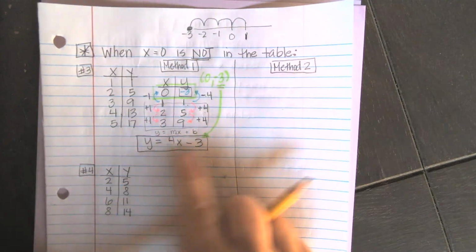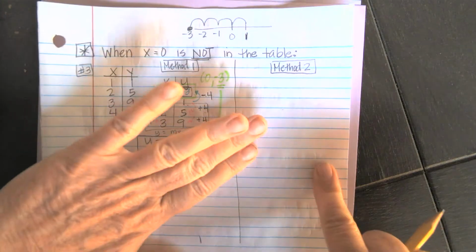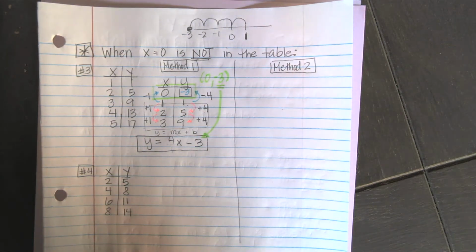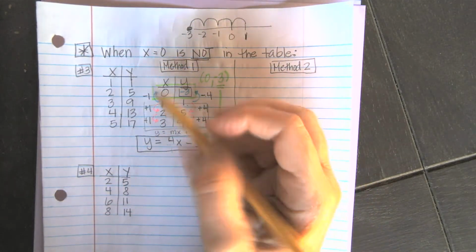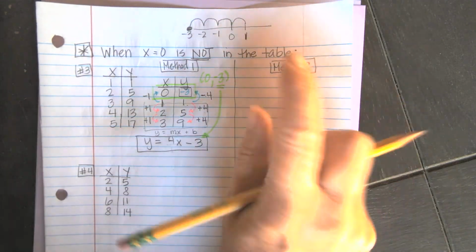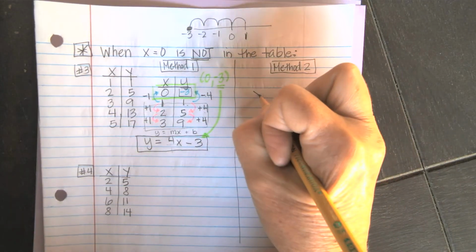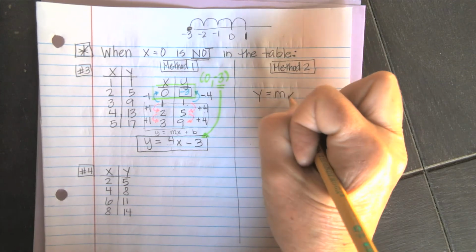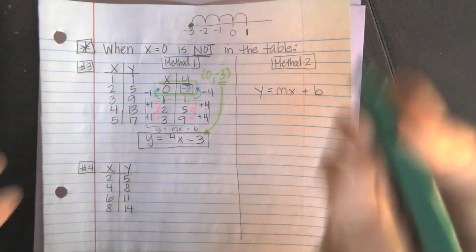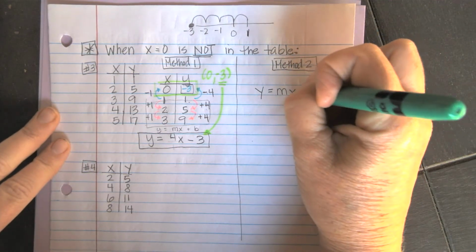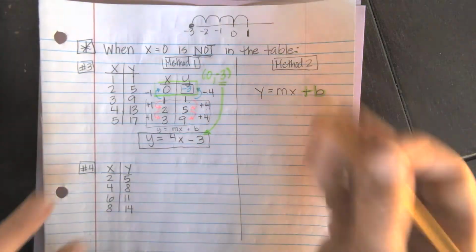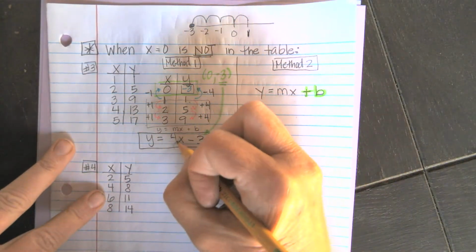Now, there is a second method, and I don't feel like I would be a good math teacher if I didn't show you another method. This one is using the table, just using your thinking and being flexible and going backwards. The second method is to actually start with the equation, mx plus b. Notice what we don't know is our b. We know everything else. My m, we already know, is 4.